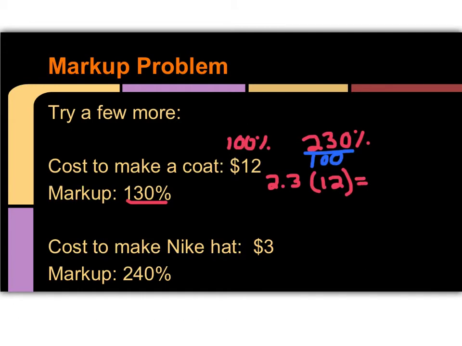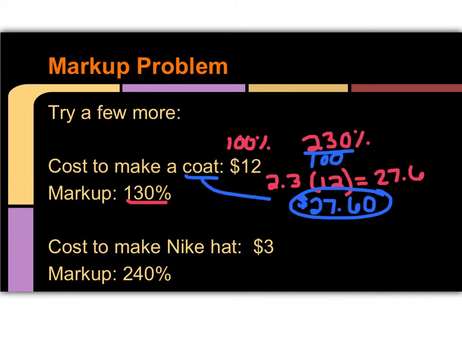When you do that, you get 27.6. Again, we're talking about money, so that really means $27.60. Remember, the zeros have to go at the end. So now that's how much the coat is going to cost us.